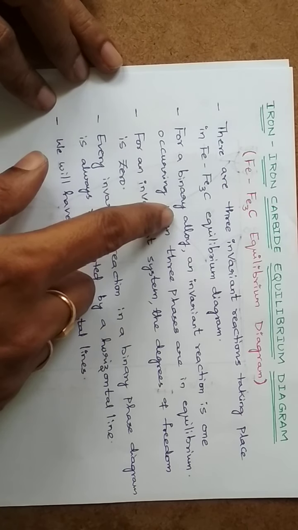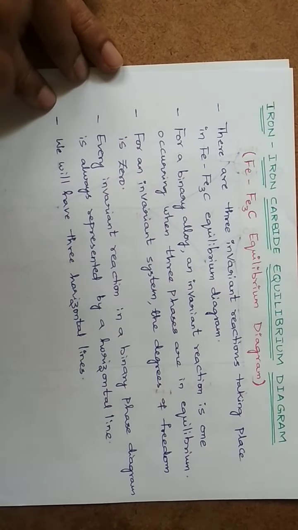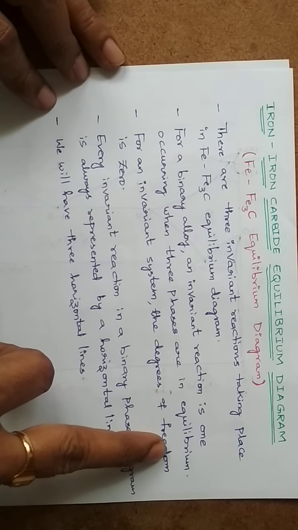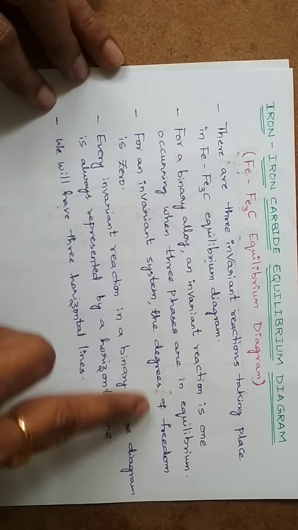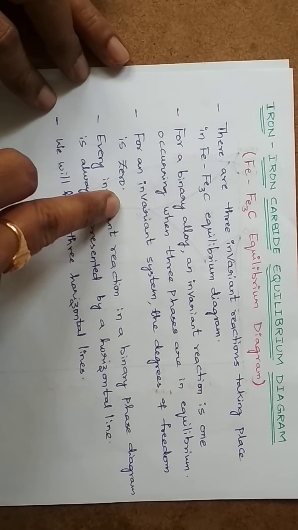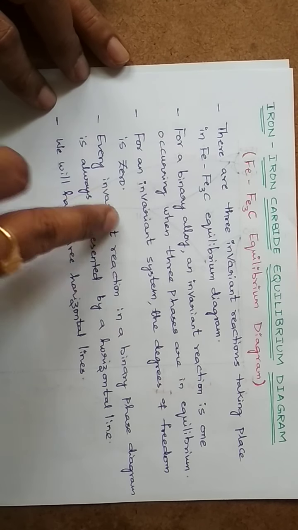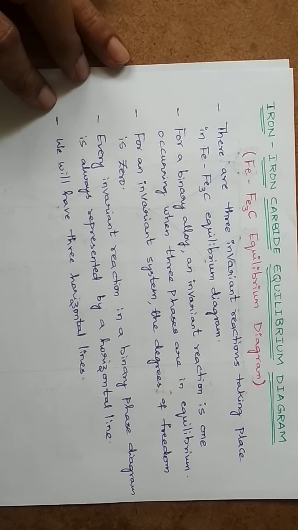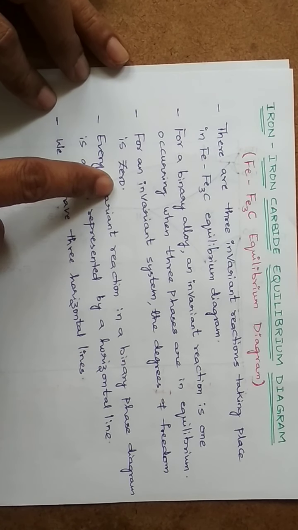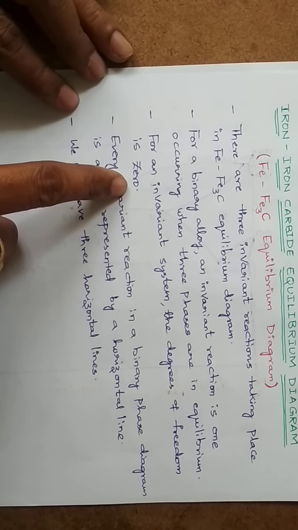For a binary alloy, an invariant reaction is one occurring when three phases are in equilibrium. For an invariant system, the degrees of freedom is 0. So Gibbs phase rule, if you remember, P plus F equals C plus 1, where P is the number of phases and F is the degrees of freedom. So degrees of freedom F will be 0 in an invariant system.